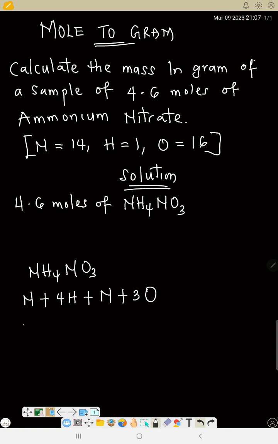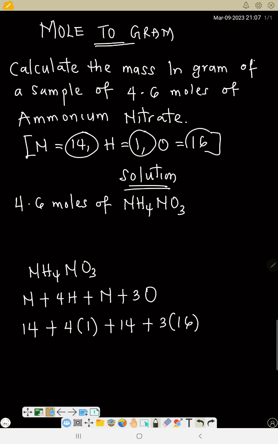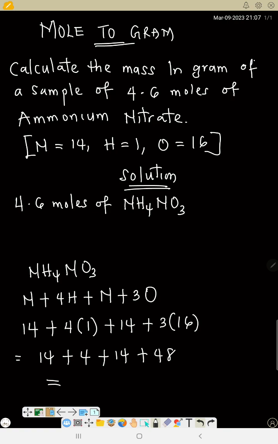So what is nitrogen? Nitrogen is 14 plus 4 bracket, hydrogen is 1 plus nitrogen is 14 plus 3 bracket, oxygen is 16. So it's given here. That is the atomic mass. So now this will become 14 plus 4 plus 14 plus 48, because 3 times 16 is 48. So add everything. 14 plus 4 plus 14 plus 48.